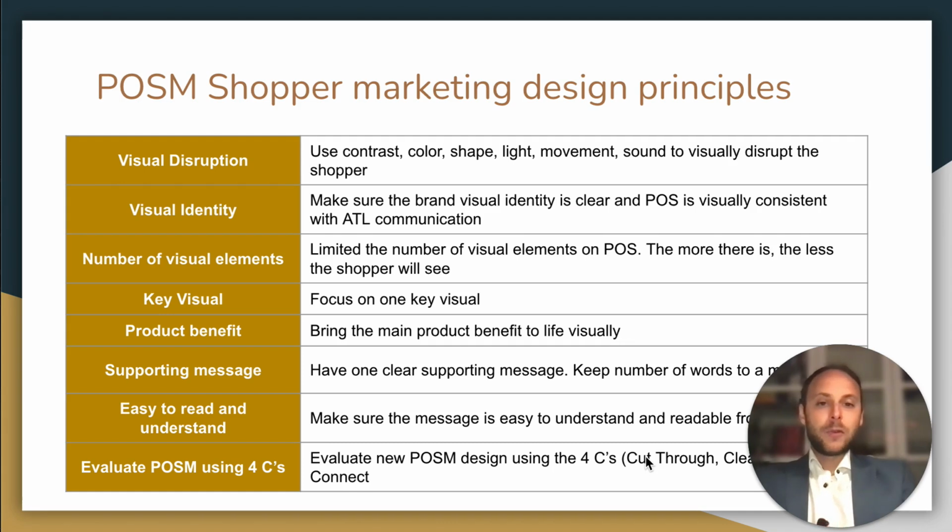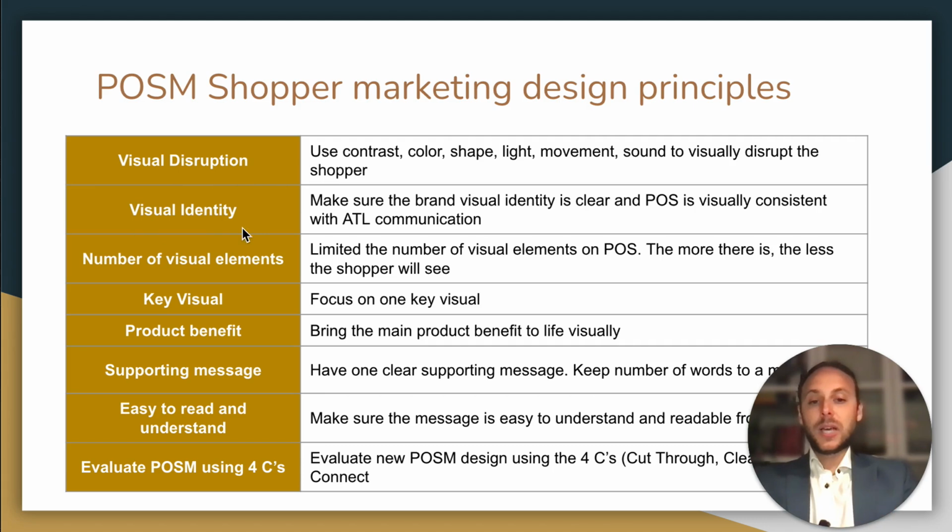So I've also looked into what kind of marketing design principles that you can have. So here is some of the principles that you can use when you are developing POSM design. The first one is called visual disruption. What does that mean? Use contrast, color, shape, light, movement, sound, etc. to visually disrupt the shopper. So those were some of the things that I just mentioned previously.